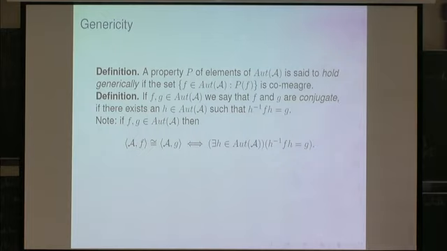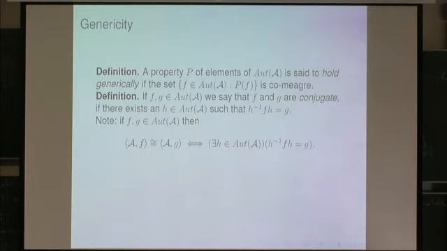And we are also interested in the conjugacy relation for different reasons. One of them is that, okay, so suppose that we have a structure A, and we have two automorphisms F and G, and we extend the structure with the two automorphisms.